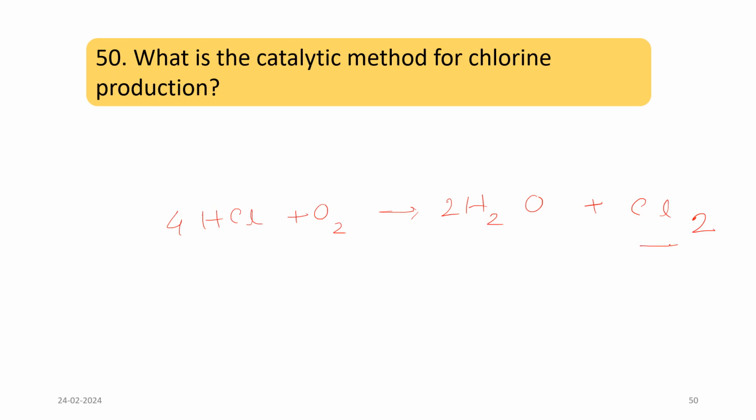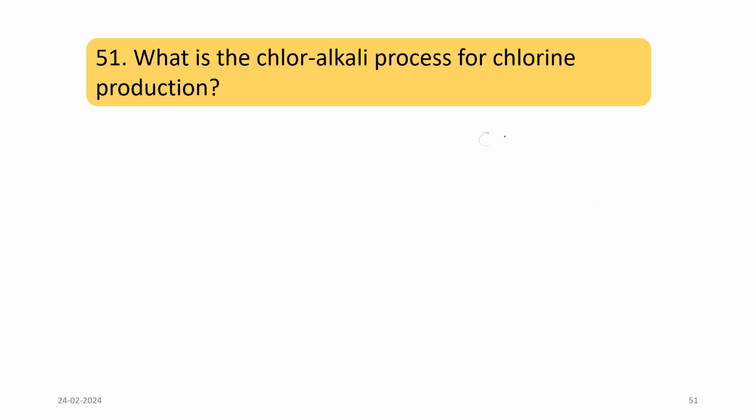So here 75% of chlorine can be produced, but previously they produced it from manganese dioxide, that is hydrochloric acid plus manganese dioxide produces Cl2, plus H2O and MnCl2.